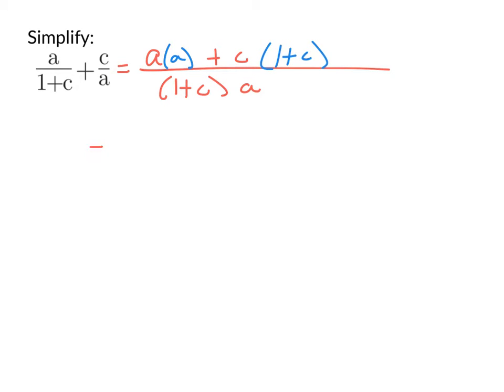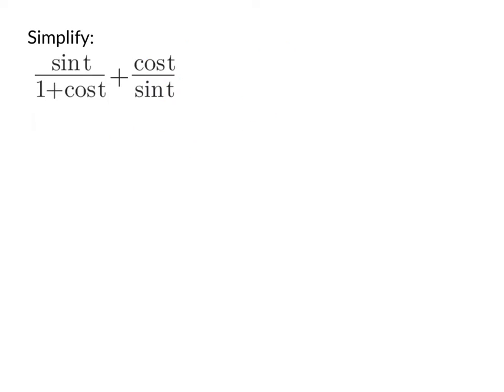When we multiply out the numerator, we'll have a squared plus, distributing the c gives me c plus c squared. We can multiply out the denominator as a plus ac, and that's about all we could do algebraically.